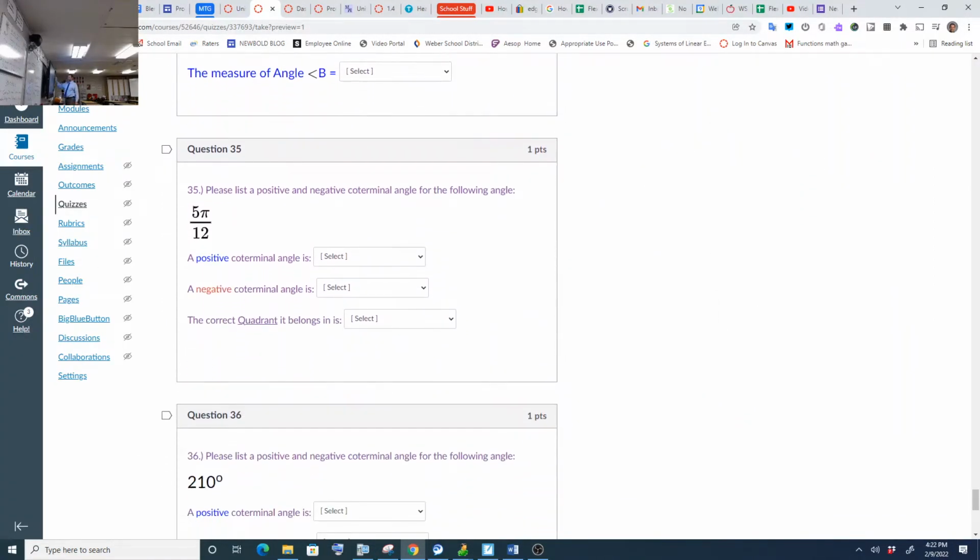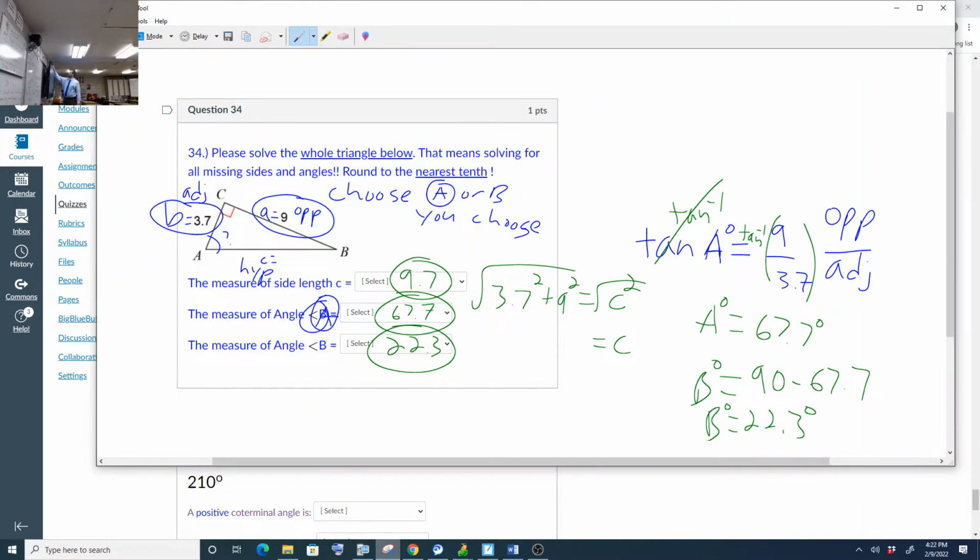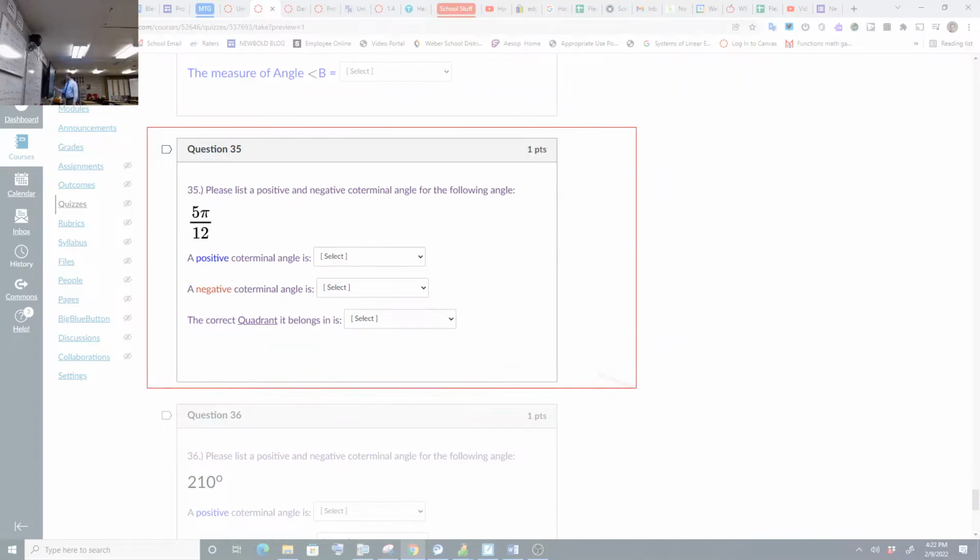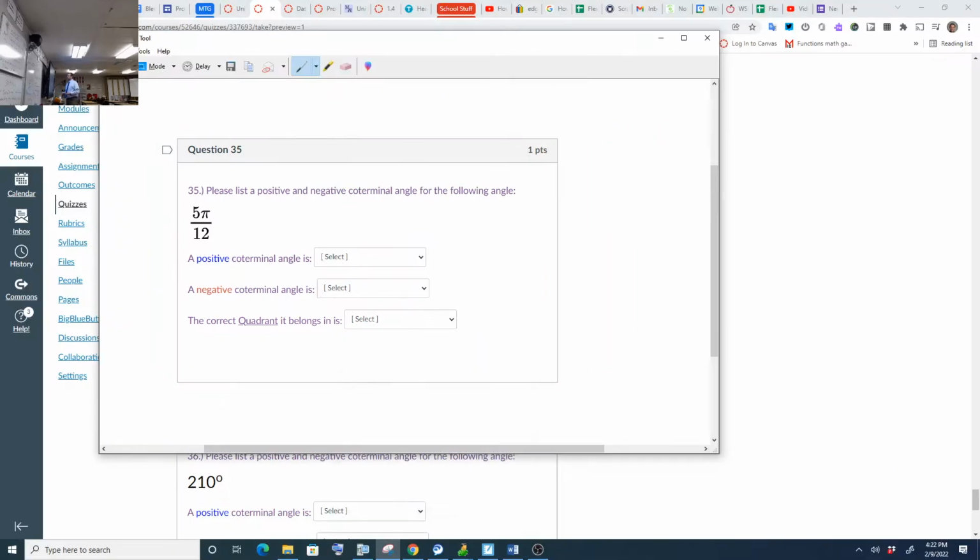Okay, so next two. Here we go. Do you remember how to list positive and negative coterminal angles? Basically, all you do to find a positive coterminal angle is add 2 pi, and for the negative coterminal angle, subtract 2 pi. Now you might have to turn that 2 pi into 12ths, right? So pi over 12.